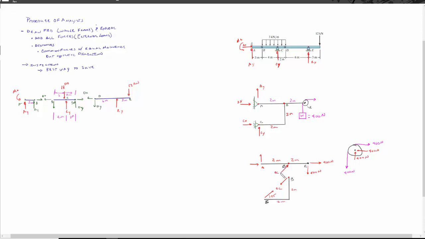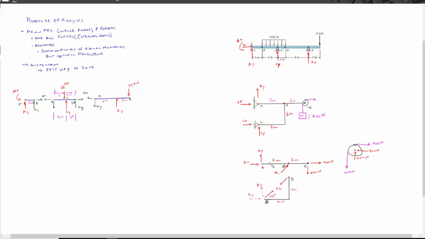Once I have BC, I could sum my forces in the X, and I would be able to solve for Ay and Ax. Once I have all of this, I know this BC would be going down, this BC would be going up, and then using this BC, I could compute the forces in the Y and the forces in the X, and I could compute all this.